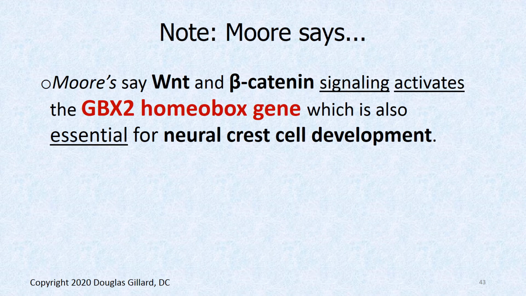Note for chiropractors, Moore's, which is one of the chiropractic board books, says that Wnt and beta-catenin signaling is also involved in this process of creating the neural crest cells. Specifically, these activate a gene called the GBX2 homeobox gene, and that's also an essential gene.